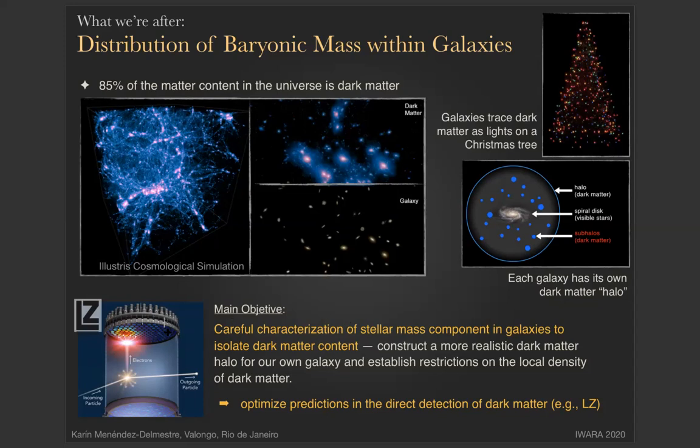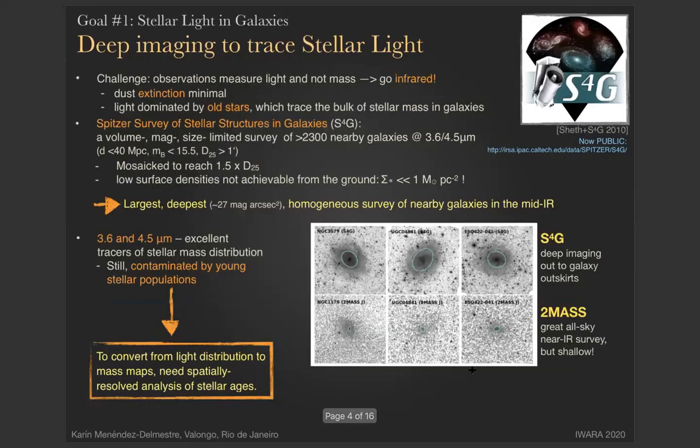Here I'm showing specifically the LZ direct detection of dark matter experiment, because we have started a nice collaboration with the group in Coimbra. The idea is to provide these parameters, the local density of dark matter and a more realistic dark matter profile, in order to allow for better predictions of the number of events that they can expect.